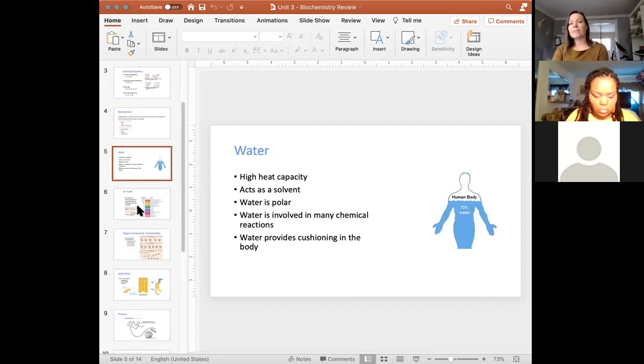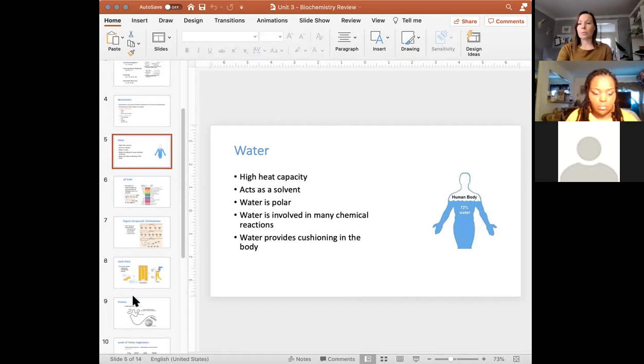And then one other big thing is the importance of water in the body. Over half of our body is made up of water. And water is very involved with the digestive system. It's found in the digestive system, and it is part of the digestive reactions that are occurring.